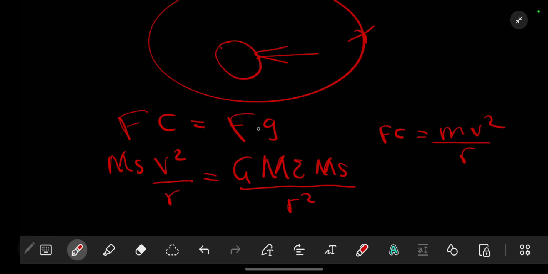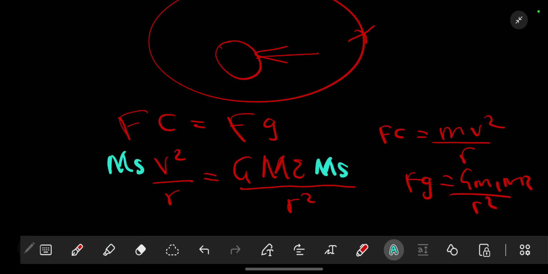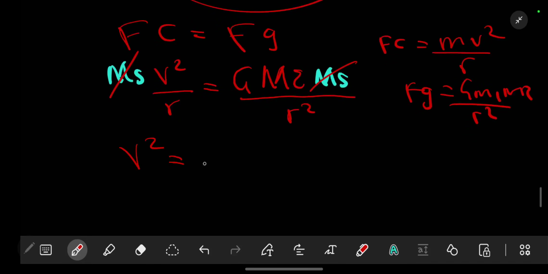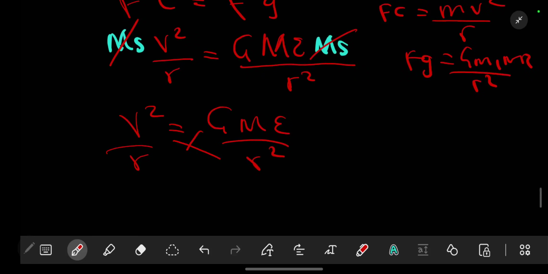So Fg is equal to G m1 m2 over r squared. As you can see, the satellite mass appears on both sides as a numerator, so you can cancel it. We remain with v squared over r equal to G m e over r squared. So we cross multiply.